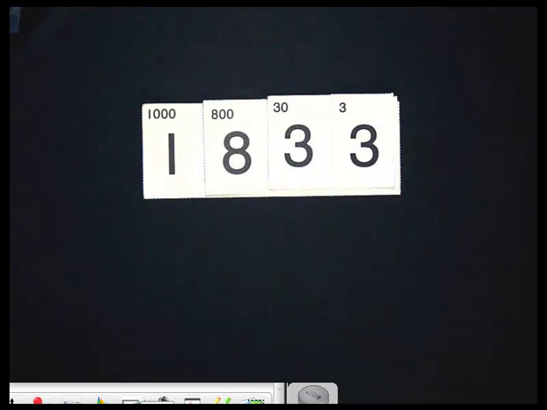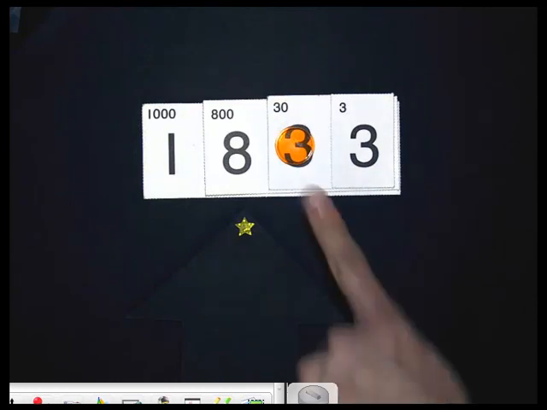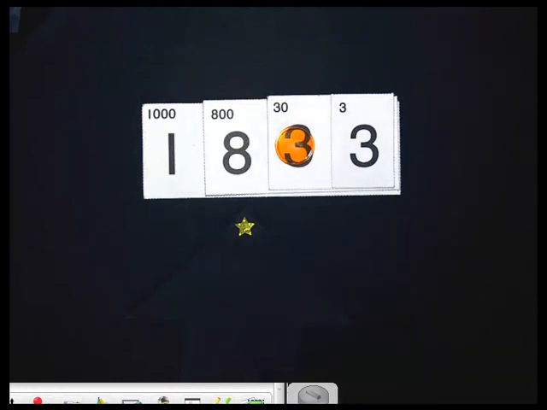Here we have 1,833. And we're going to show you what it will look like to round this number to the nearest hundred. So I'm going to find the hundreds place. I have an 8 in the hundreds place. And so I'm going to look right next door to the tens place, and I'm going to put a little marker there so you can see it. There's a 3 in the tens place. Thinking back to the roller coaster, the 3 is less than 5.